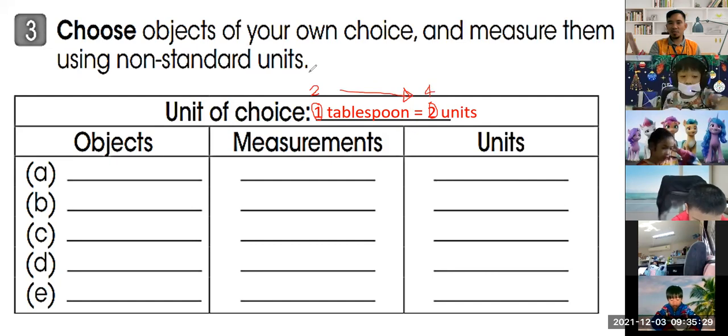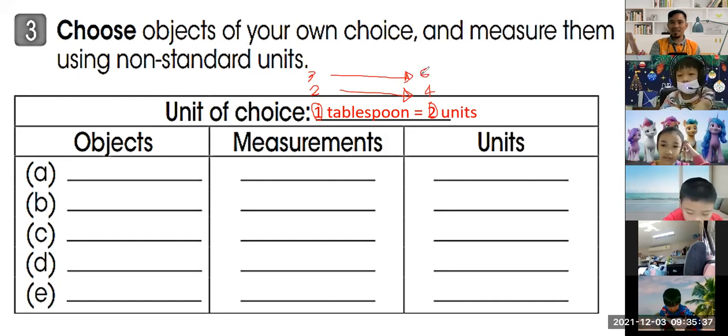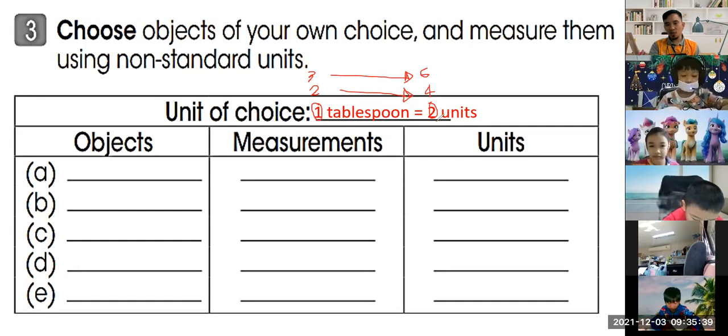If there are 3 tablespoons, it is equal to 6. So 1 tablespoon is 2 units, 2 tablespoons are 4 units, 3 tablespoons are 6 units.